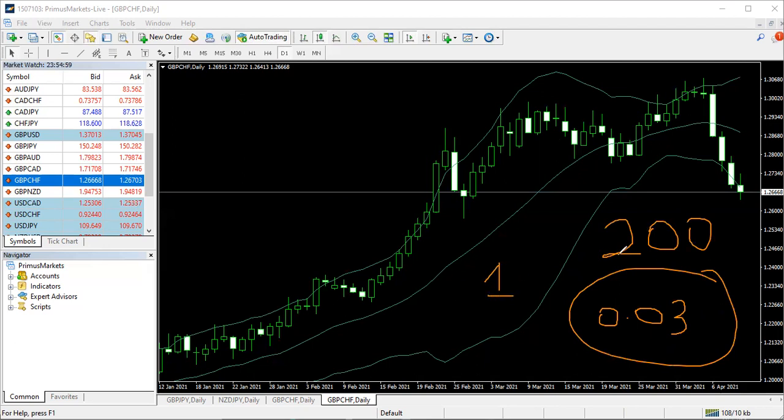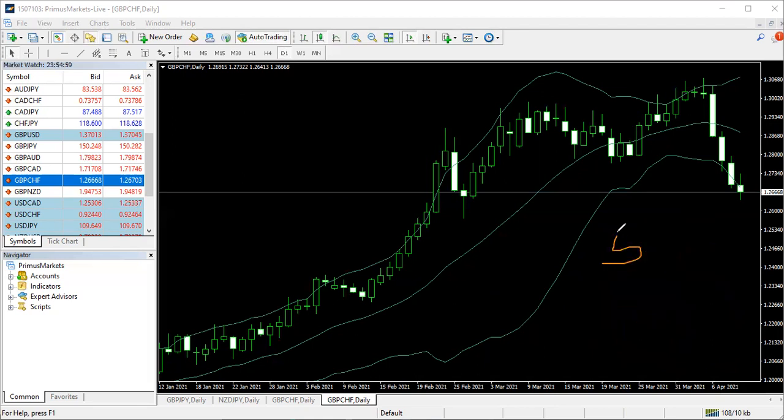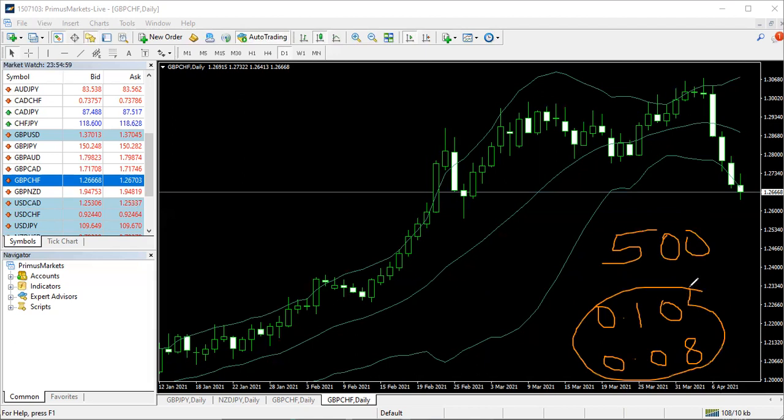Now, if you have an account of $500, you can go with a lot size of 0.10, or better still, 0.08. Any of these lot sizes you can use, and just place a single trade, not more than one trade.